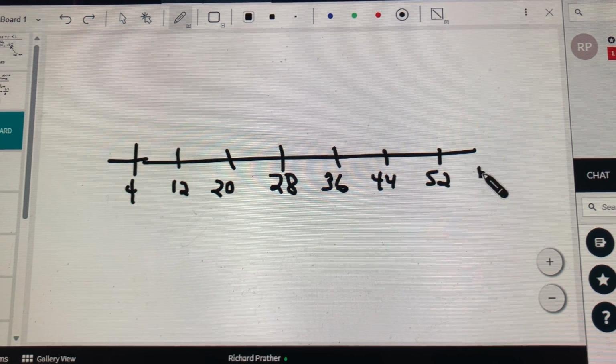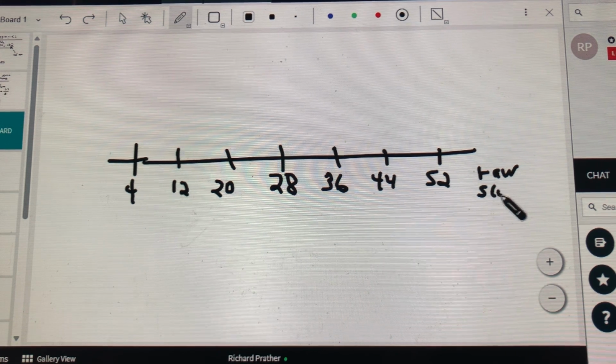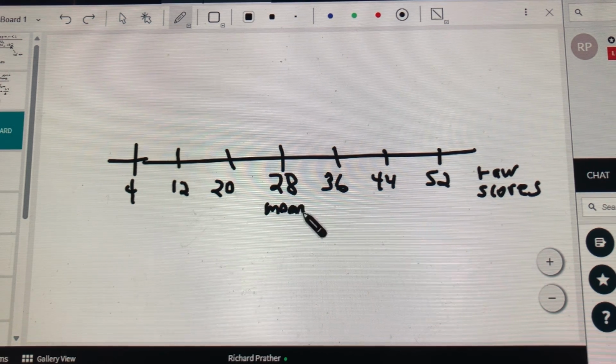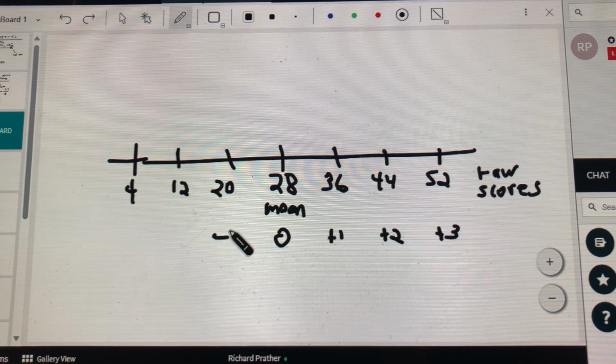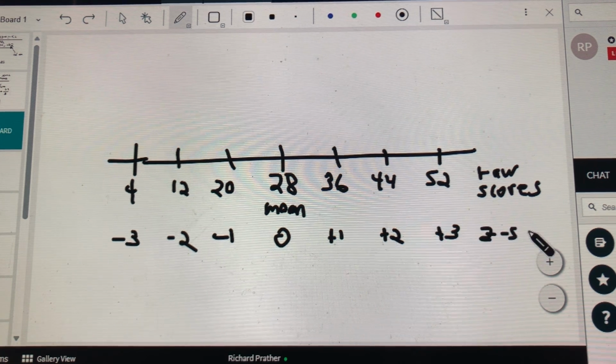These are the raw scores. These are whatever the measurement is about, like test scores or heights or weights or whatever. These are the raw scores. But the mean, remember how we would put 0 below the mean, and then it was +1, +2, +3, -1, -2, -3. These are z-scores, what you're learning right now.